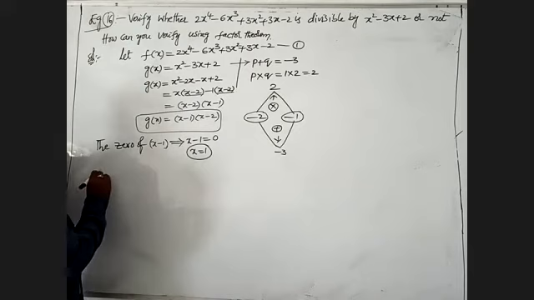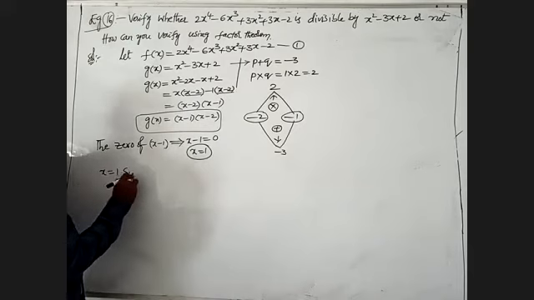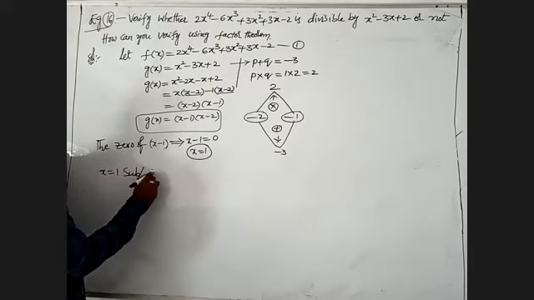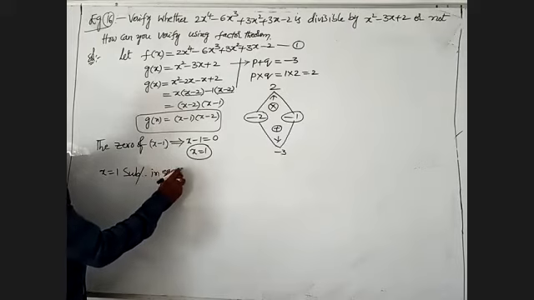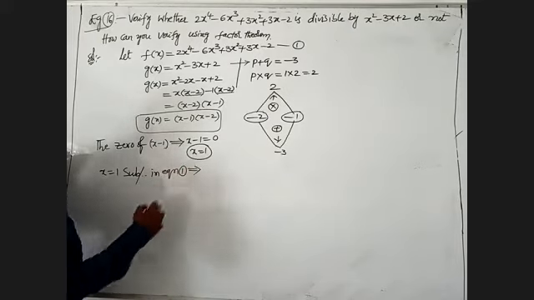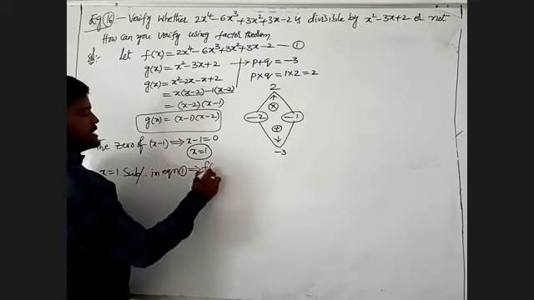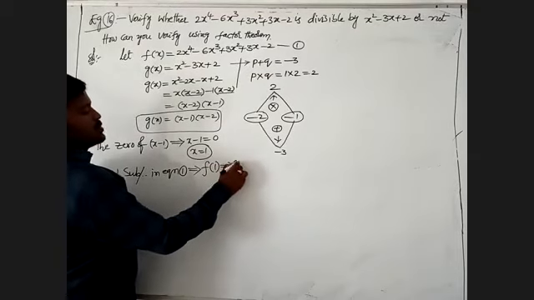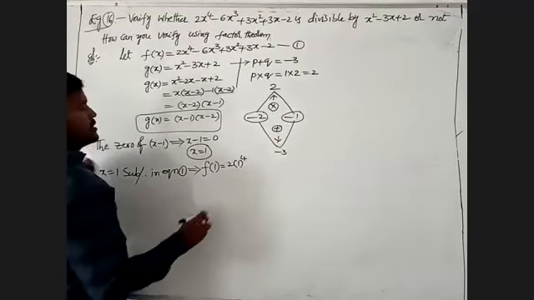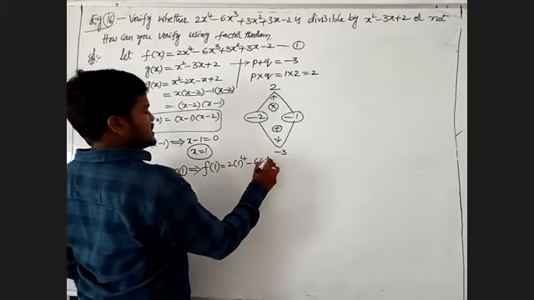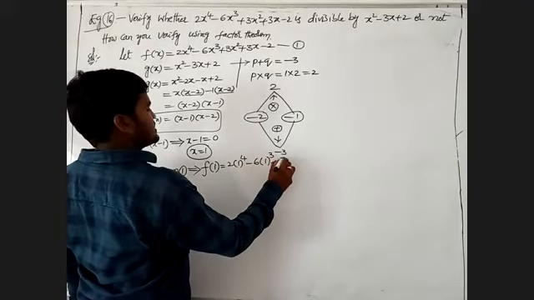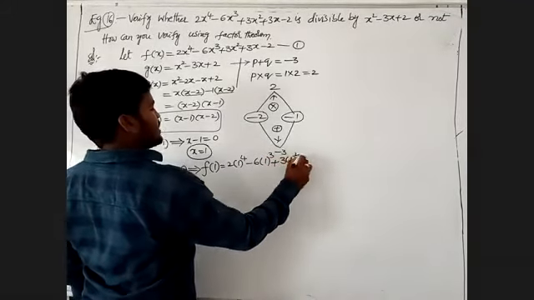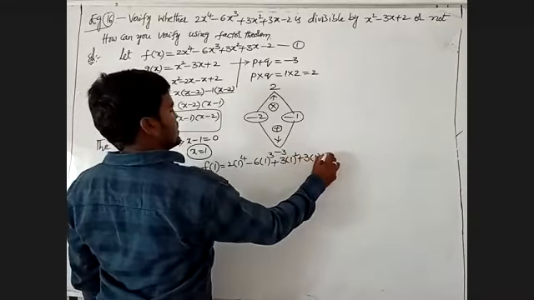Substituting in equation 1, I will write f of 1 is equal to 2 into 1 power 4 minus 6 into 1 cube plus 3 into 1 square plus 3 into 1 minus 2.